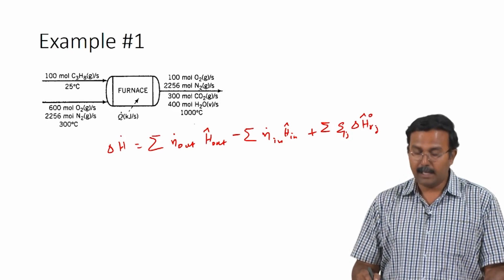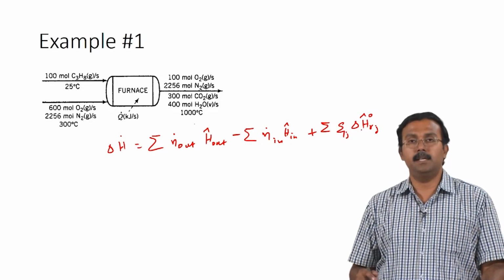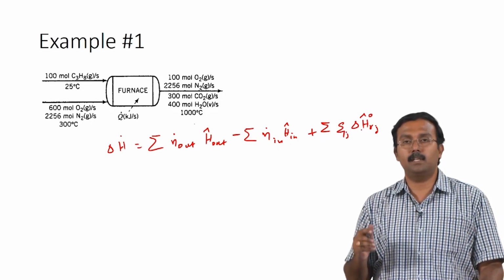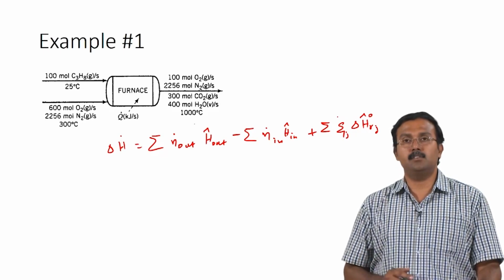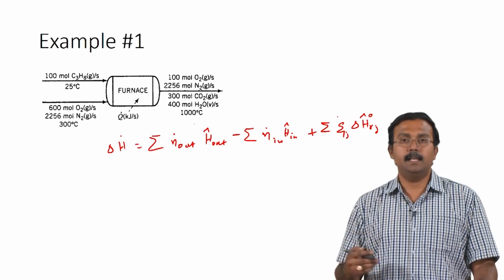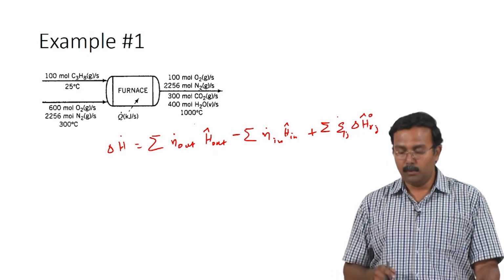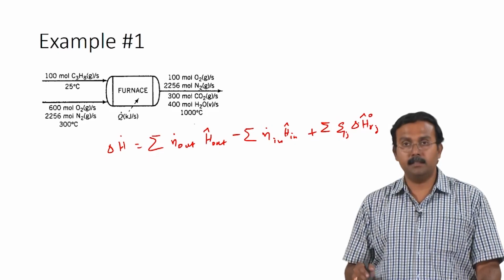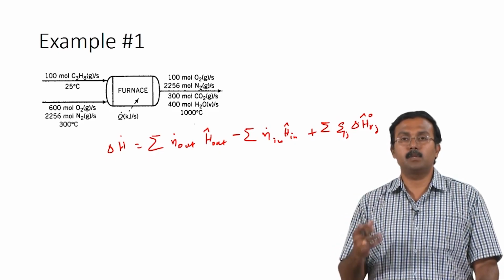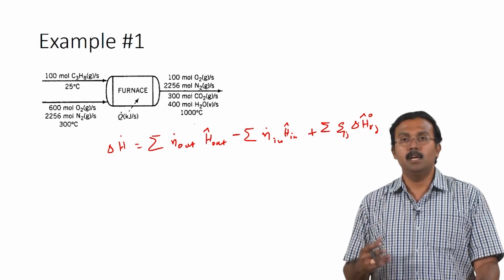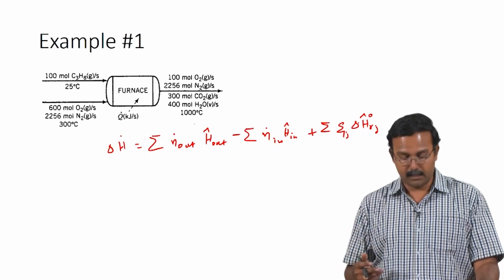This xi stands for the extent of reaction, and delta H r basically is the heat of reaction for that particular reaction. Once we have the extents of reaction and the heats of reaction for the different equations, we can multiply the two to get the enthalpy change associated with that reaction. The summation of all these values gives the total change in enthalpy associated with the reactions.